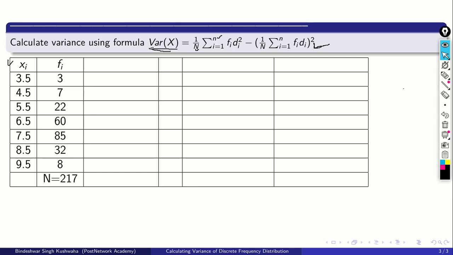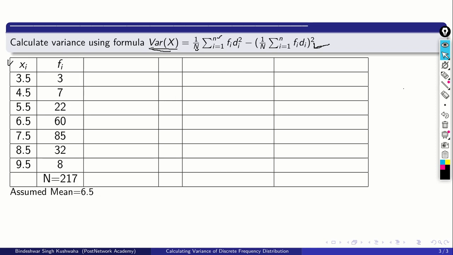If you add all of them, that means the sum of all frequencies, N would be 217. First of all, let us take the assumed mean, which is 6.5.